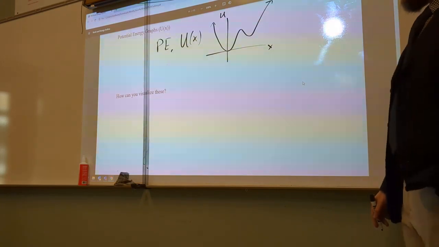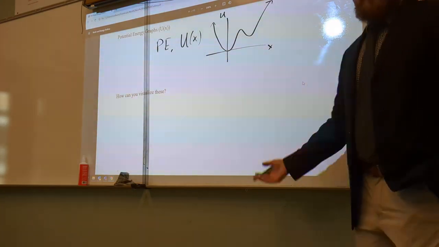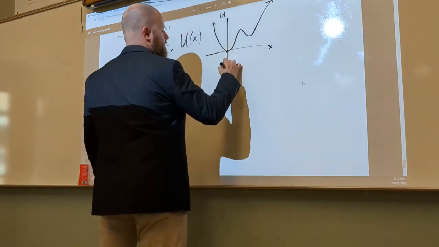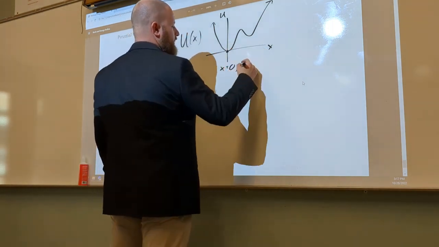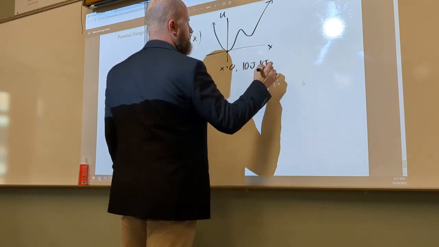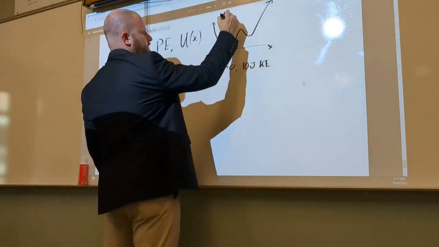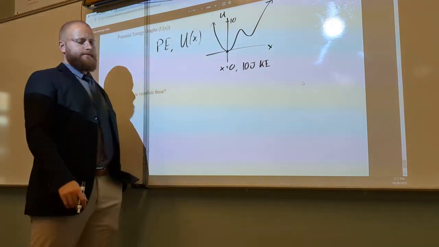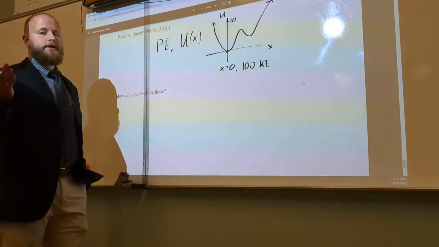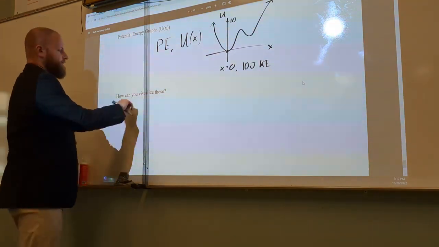And the problem will frequently say something like it starts at x equals 0, and maybe it has 10 joules of KE. So let's put 10 here. At first this looks very daunting, but there's actually a very easy way to visualize this.